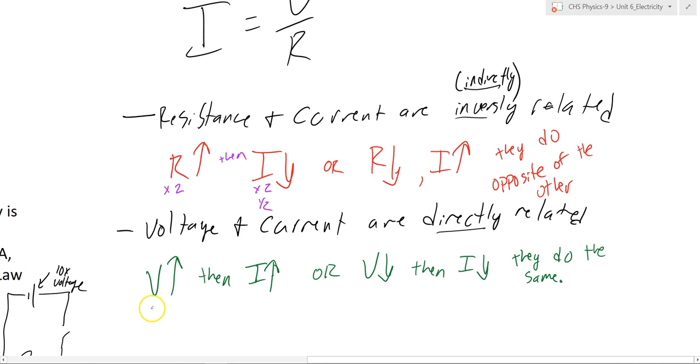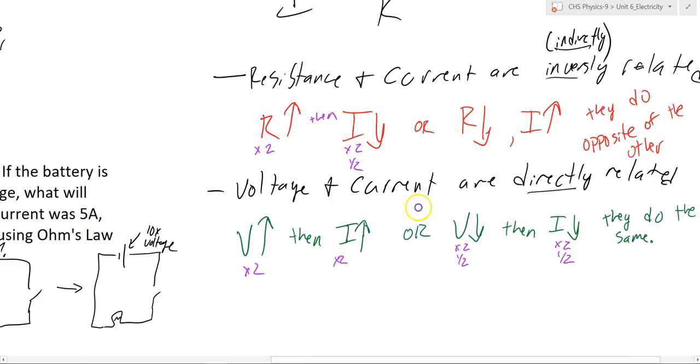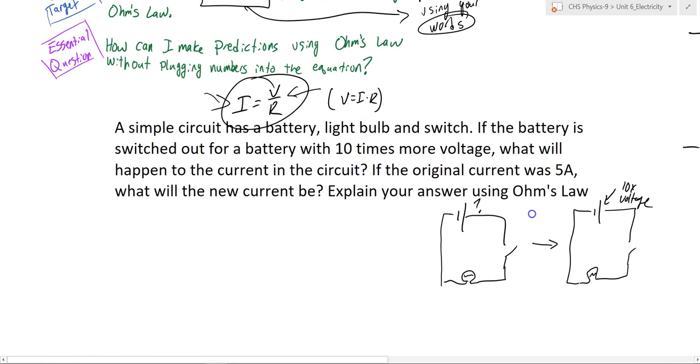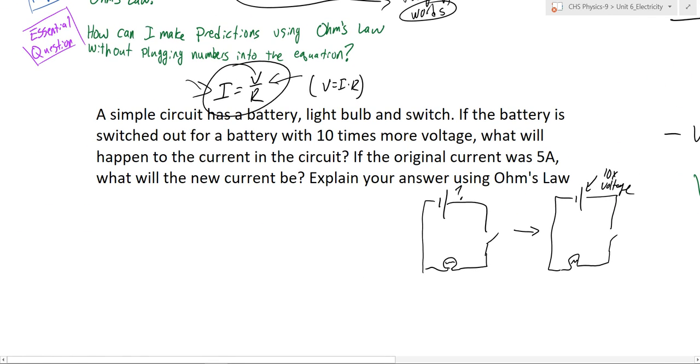If the voltage goes up by 2 times, then the current goes up by 2 times. If the voltage goes down by 2 times, or gets cut in half, then the current also goes down by 2 times, or is cut in half. Okay? So, let's come back over here and see how it applies to this problem.